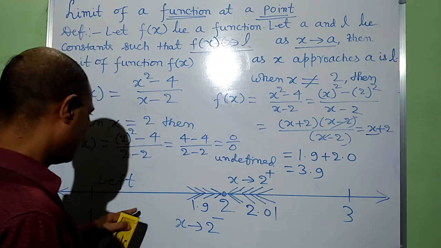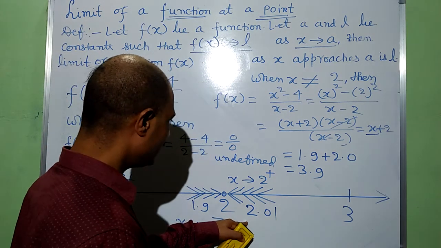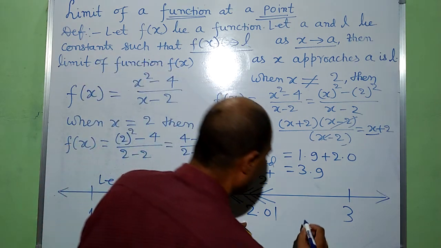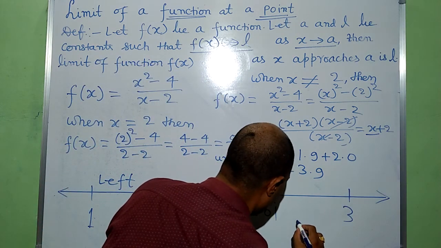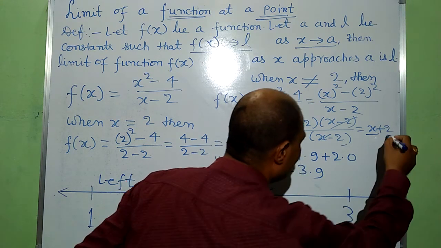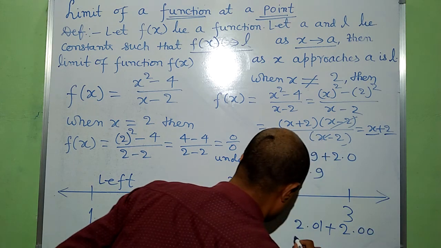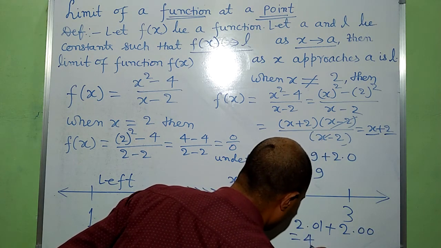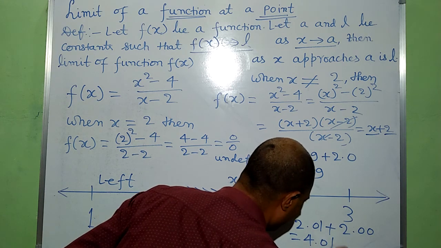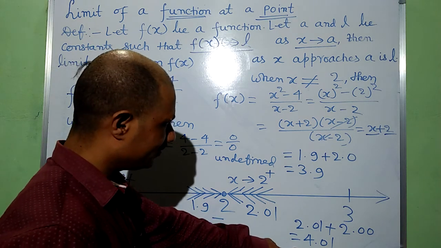This is from the left side. Now we put the value of x from the right side. Then we have x plus 2, with x equal to 2.01 plus 2, that is 4.01, which is also nearer to 4.